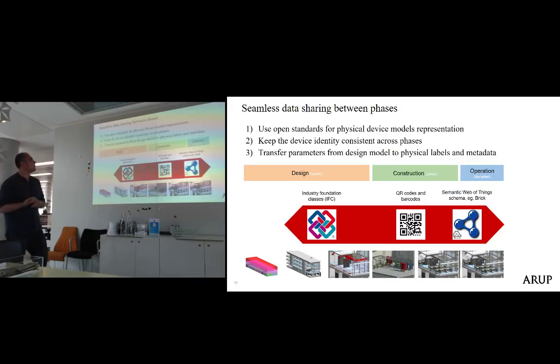We mentioned use of open standards to represent physical devices in 3D representation, but also data representation. Another key element is to keep the device identity consistent across phases, and then transfer parameters from the design model to physical labels and metadata, so that we don't reinvent the wheel every time.